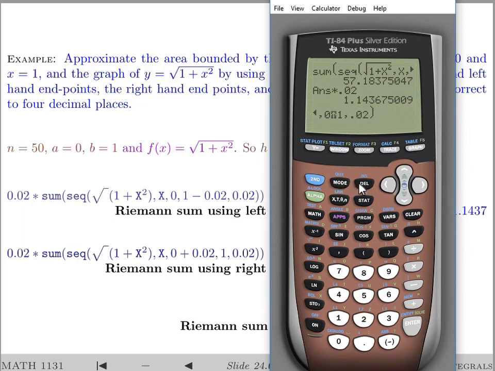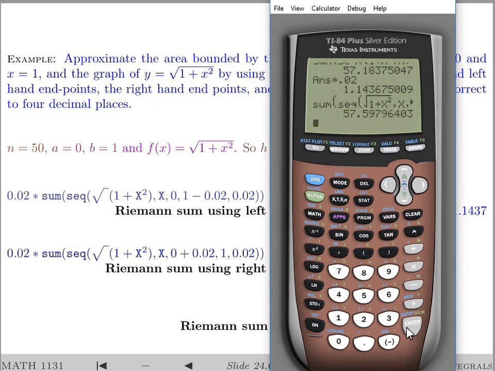And I start at 0 plus 0.02. That's the sum. I need to multiply by the width of the subintervals, which is h, so times 0.02, which gives me 1.1520, correct to 4 decimal places.